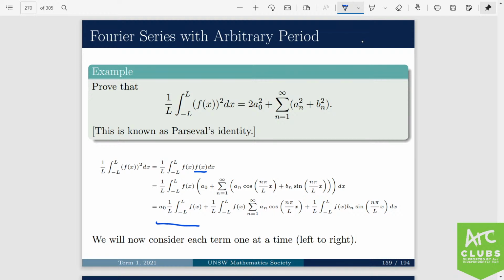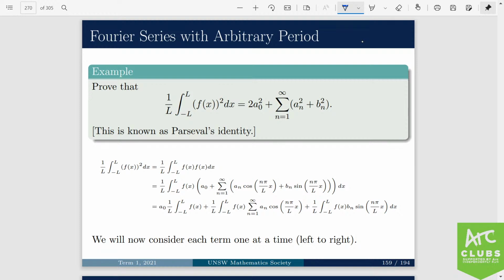Just to note as well, I've taken that a naught all the way out, which may have been a bit too fast, but it's fine because it's independent of x, so we can bring it out the front of the integral. Oh, I just noticed as well, there should be a dx here and a dx here, just because these integrals are separate now.